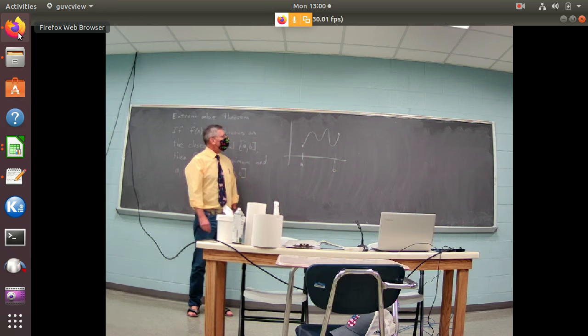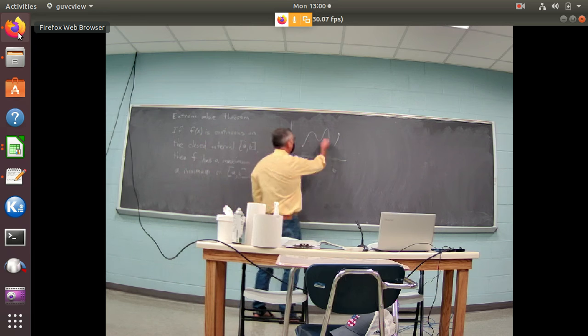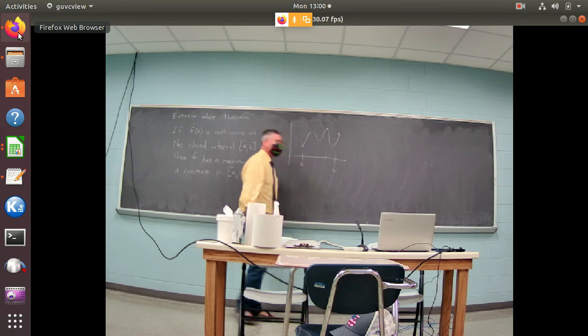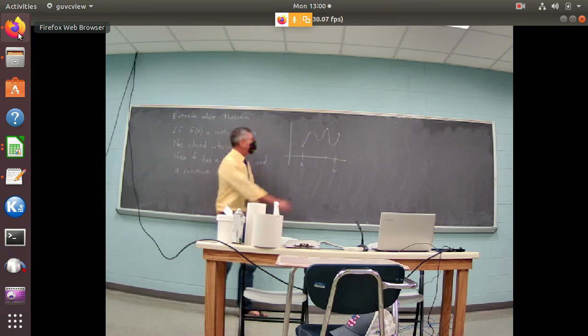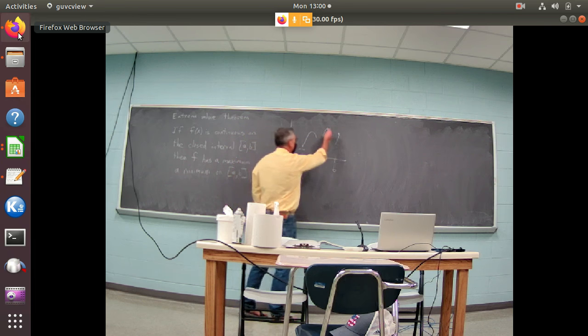But if it's continuous, it does seem like at some spot there's where the maximum occurs, and here's where the minimum occurs. So there's our minimum and there's our maximum.